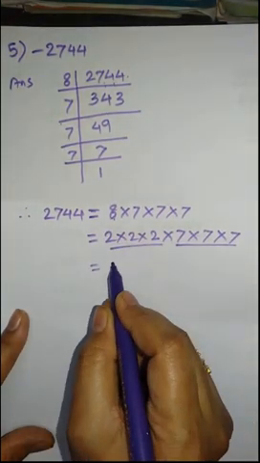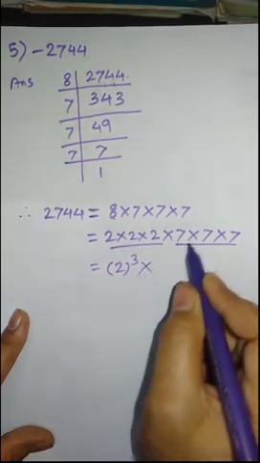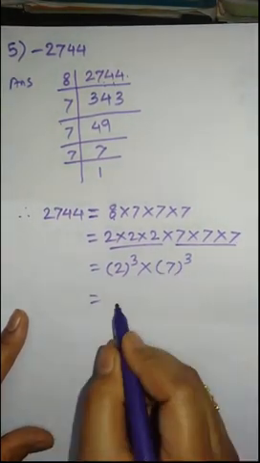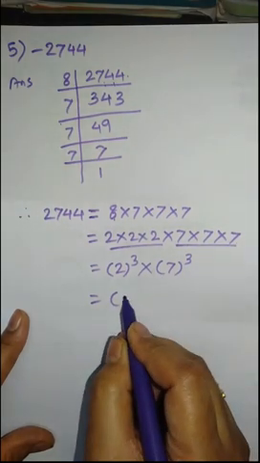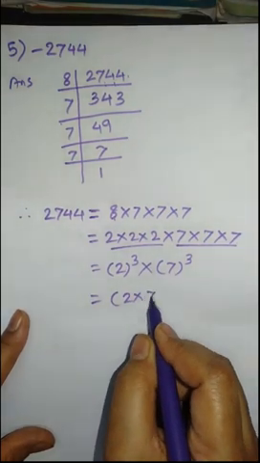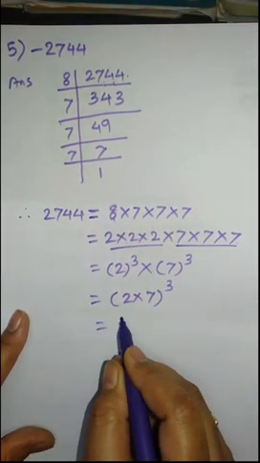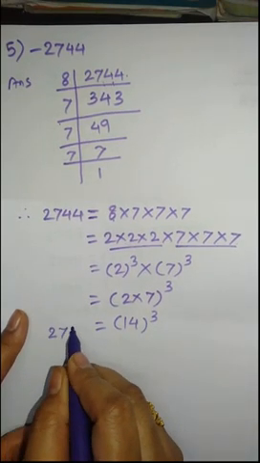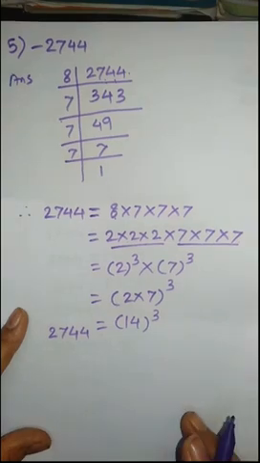So 2 cube multiply by 7 cube. So merge both of them in the single bracket. 2 multiply by 7 cubed. So it is 14 cube. So 2744 is equal to 14 cube.